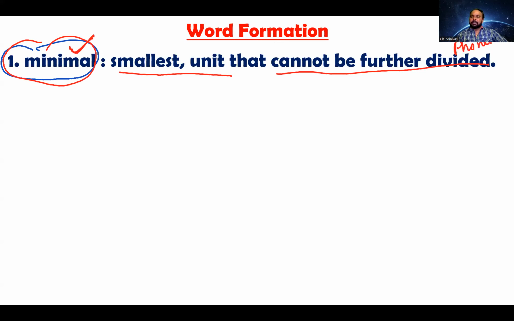Phoneme is a minimal unit of phonetics, and grapheme is a minimal unit of the alphabet, and these cannot be divided further. Malli vitni further ga divide cheyadam antu undadu. So this concept is the very first one, that is minimal.